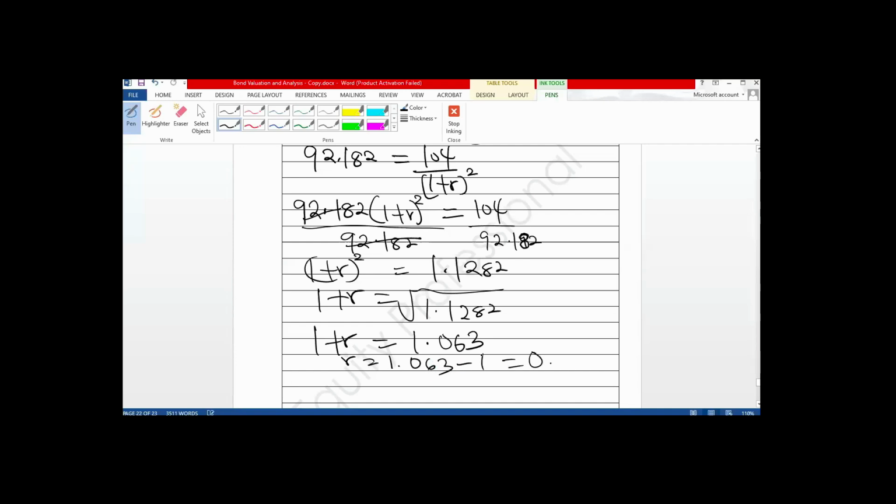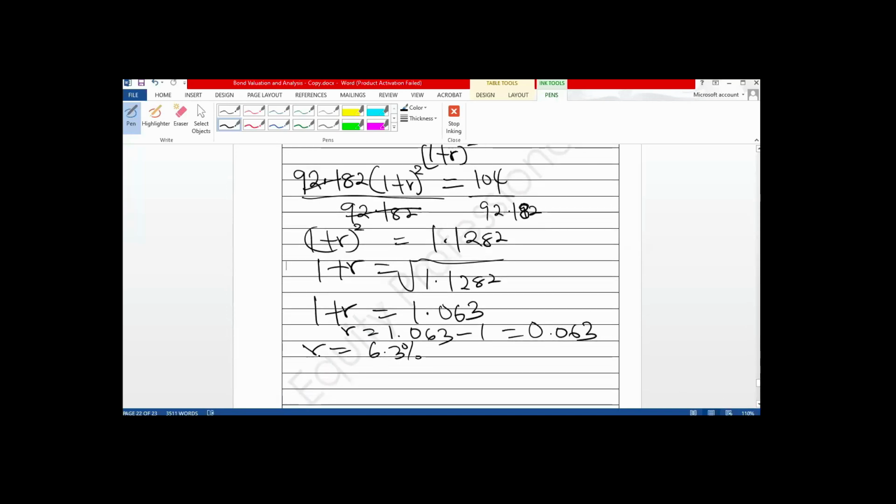That will give me 0.063. In percentage, R is equal to 6.3%. That is the spot rate for year 2. The spot rate for year 2 is equal to 6.3%.